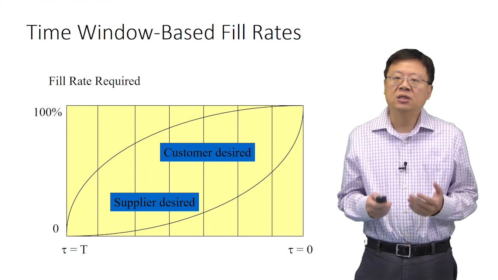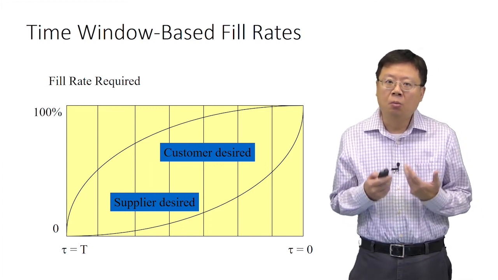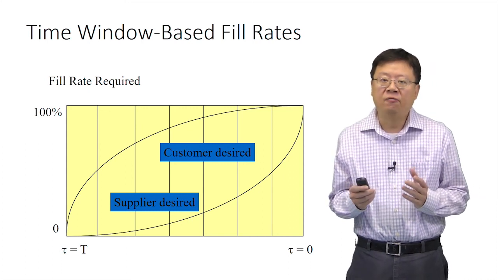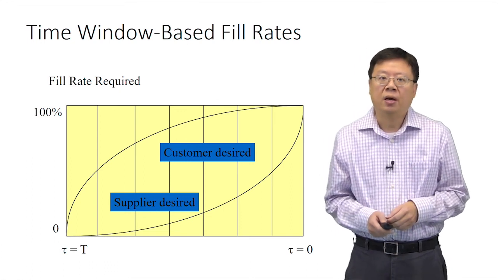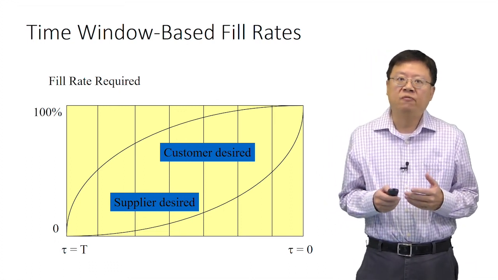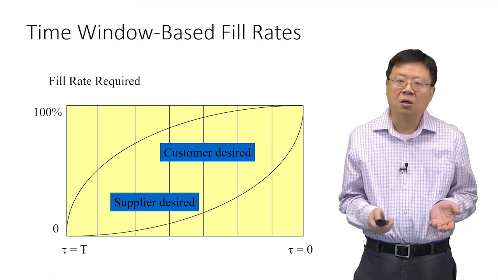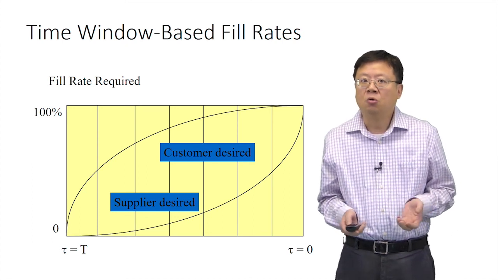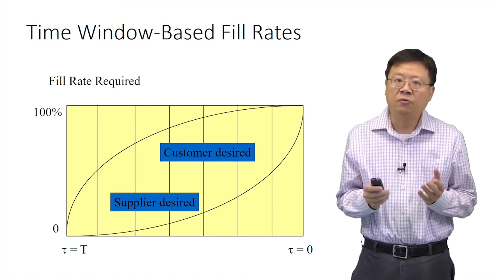If the customer is asking for a very high service level, suppliers will be more careful with their inventory level, because to provide a very high fill rate, they have to reserve a lot of inventory. But if suppliers reserve a lot of inventory and customers cut half of their order, suppliers may suffer from high holding costs. So if tau is large, the supplier will not promise a large fill rate.